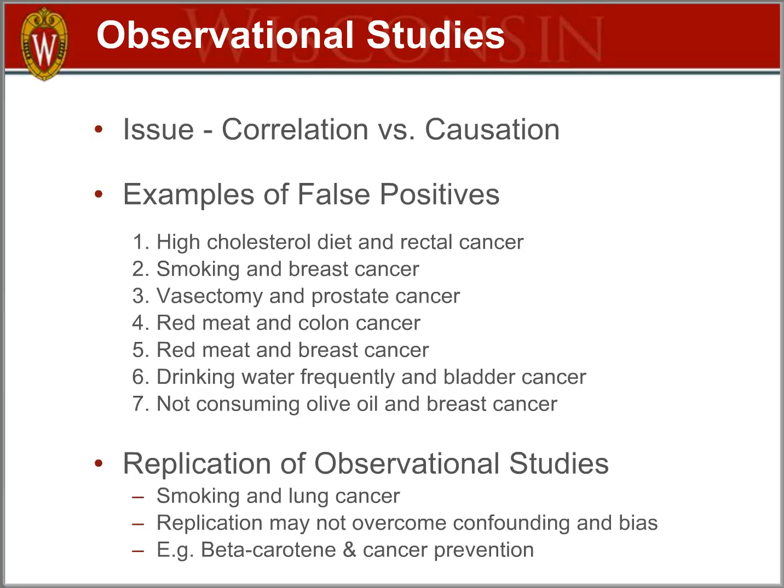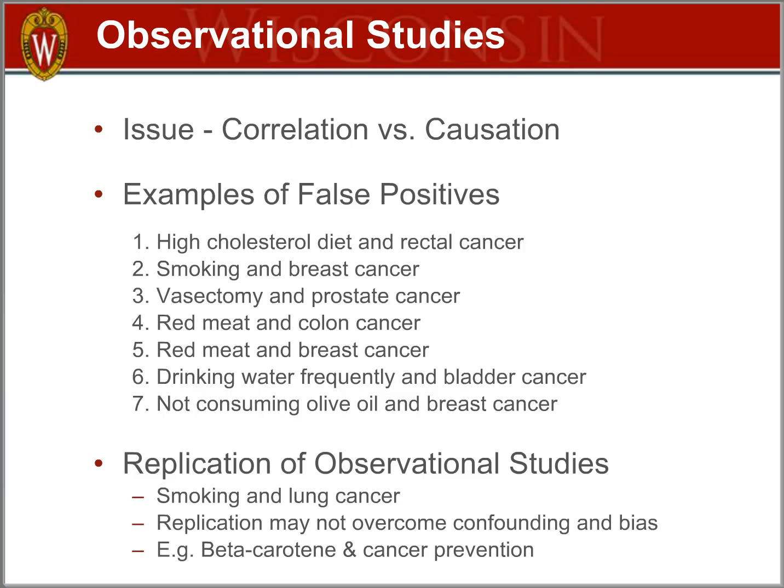You can probably add many examples of your own to this list. We also believe in replication as being important in science. And clearly in the field of lung cancer and smoking, there were many studies which were able to replicate high risk of lung cancer among smokers. But replication by itself is also not sufficient if fundamentally there's confounding and bias.